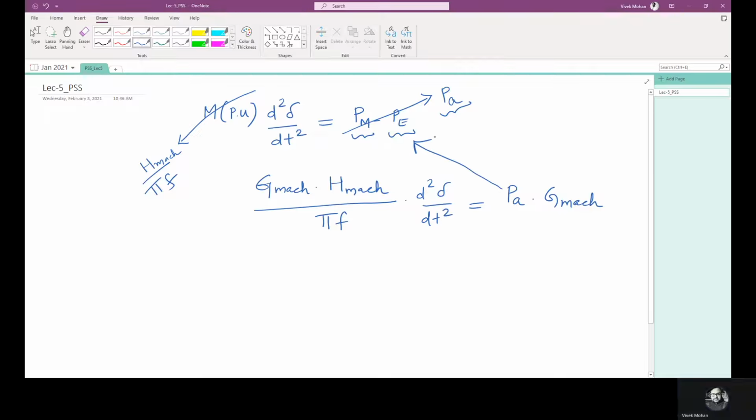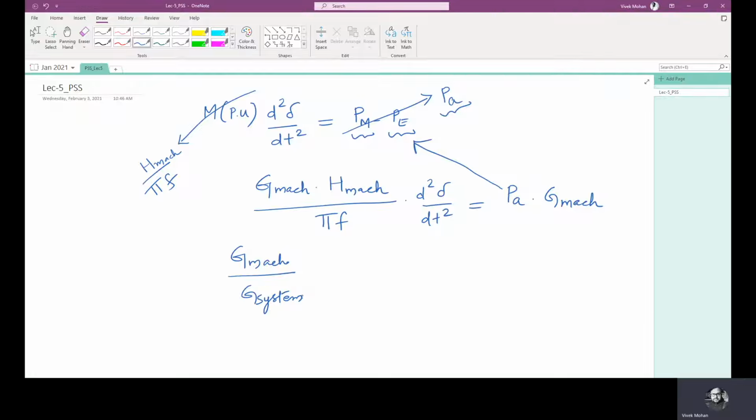Now we can write G machine by G system. What is G system? See, G machine is the three-phase MVA rating of the machine, which is taken as a reference or the base. Now, if multiple machines are there, we need a G base or G system base to convert all parameters to per unit.